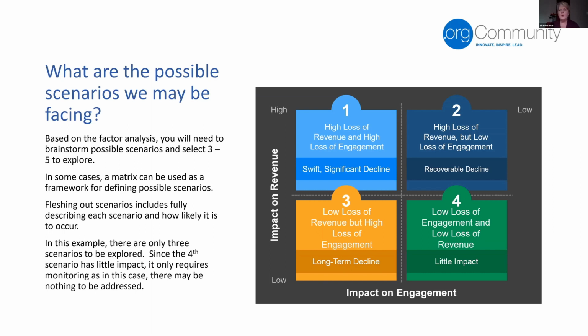So one of the ways that you can look at this, and there's a lot of different ways that you can create your scenarios, but I tend to like a matrix. And so what I did is I created a matrix here where the axes were impact on revenue and impact on engagement. And the reason that I did that, again, in theory, is that we know the recession is going to impact revenue.